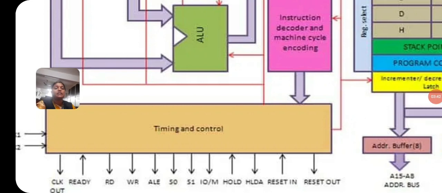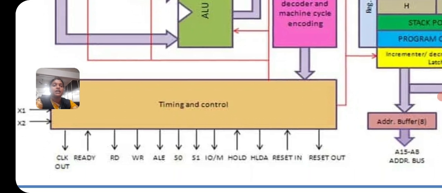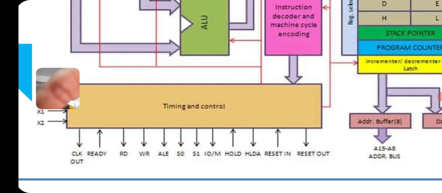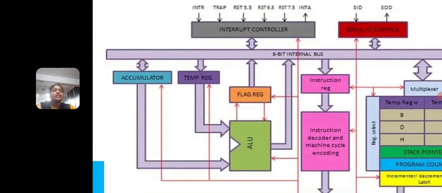And here is the timing and control unit. Already in the last video we have discussed the purpose of timing and control. That is, the timing and control unit is used to synchronize all the operations and all the data transfers. And the arrow marks indicate the various signals.